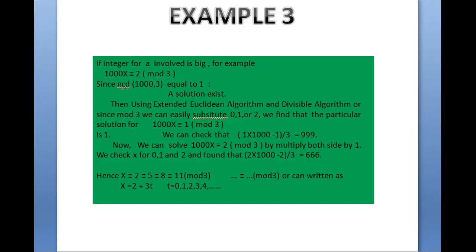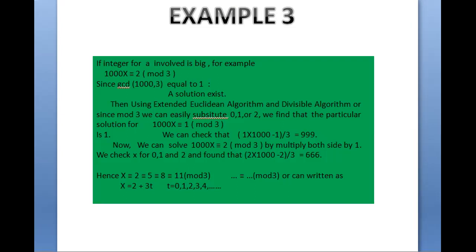We can check that by multiplying 1 by 1000, minus 1, divided by 3. It is equal to 333. Now we can solve 1000x ≡ 2 (mod 3) by multiplying both sides by 2.